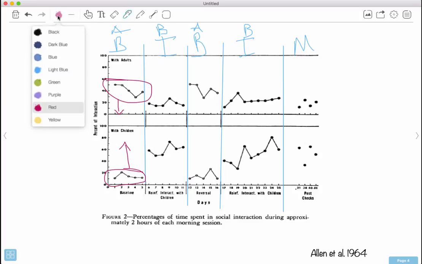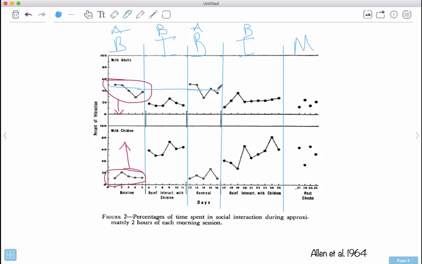Now, if we think about prediction, we would predict that without the intervention, the behavior would be consistent and would continue in this fashion. Okay? That's what we would predict.